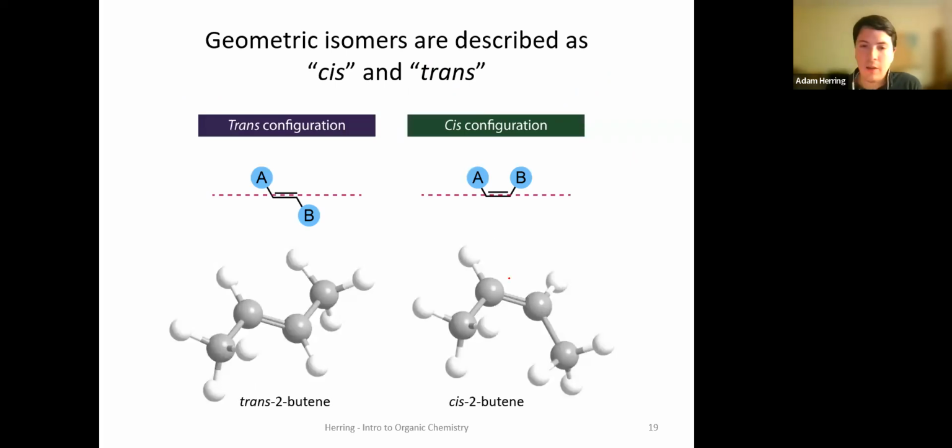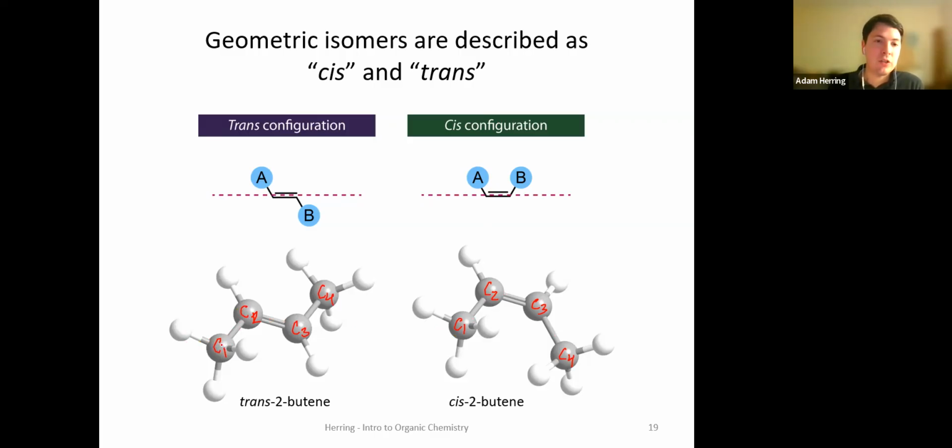So if we were to label these carbon 1, carbon 2, carbon 3, carbon 4, you can see that carbon 1 in both cases is attached to 3 hydrogens, and it's attached to carbon 2.